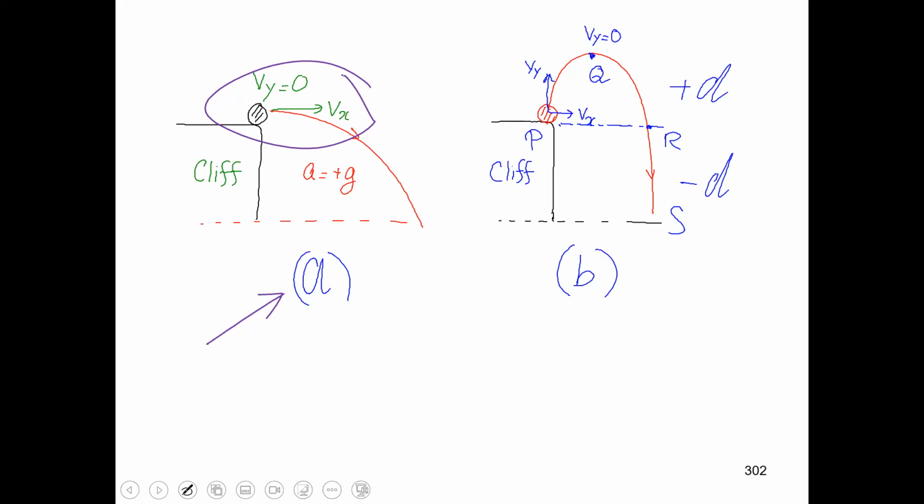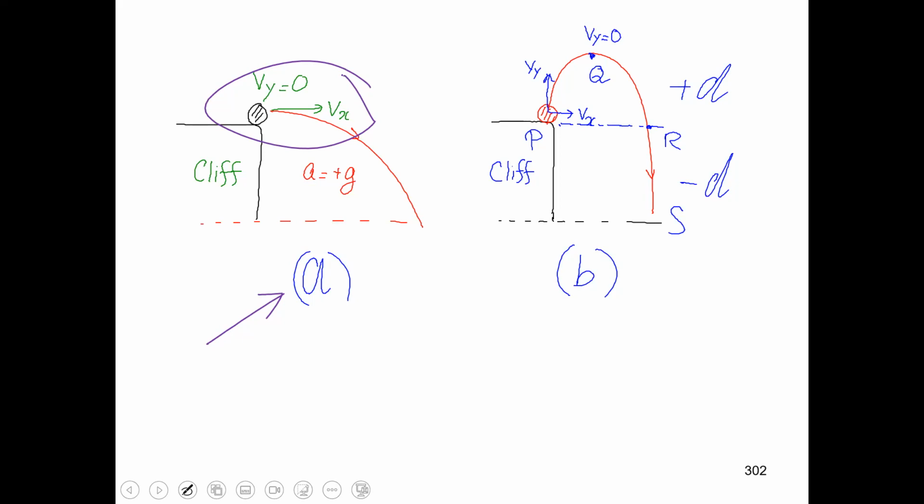The ball goes forward. Initially, the vertical component of velocity is 0. A is equal to plus G. The ball is coming down. So this is a downward motion.